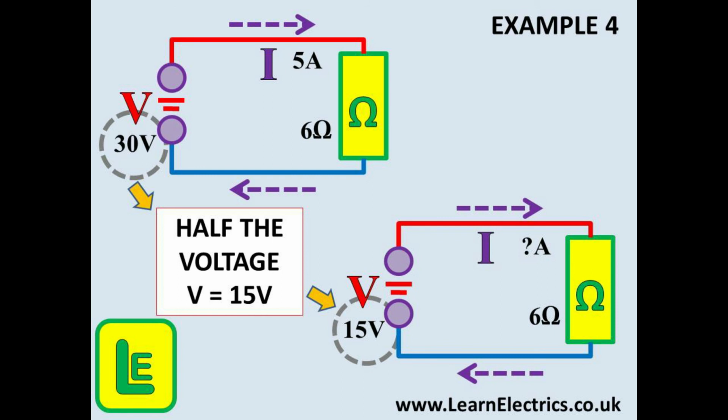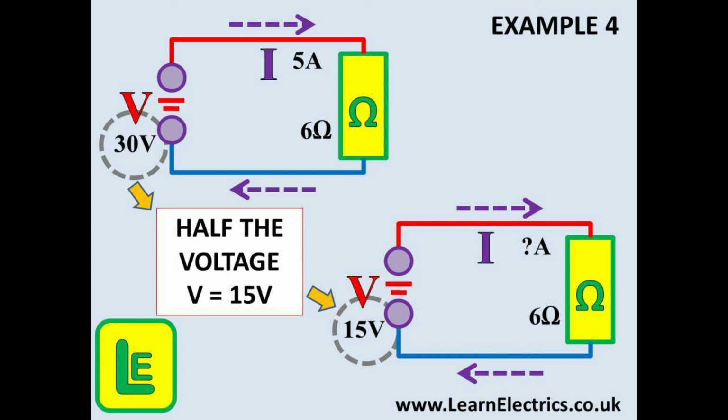In the next example, example 4, we will use all the values from example 3 and make one small change to see what happens. The diagram at the top left shows the voltage is 30 volts. The resistance is 6 ohms and the resulting current is 5 amps. Now what we want to do is halve the voltage.